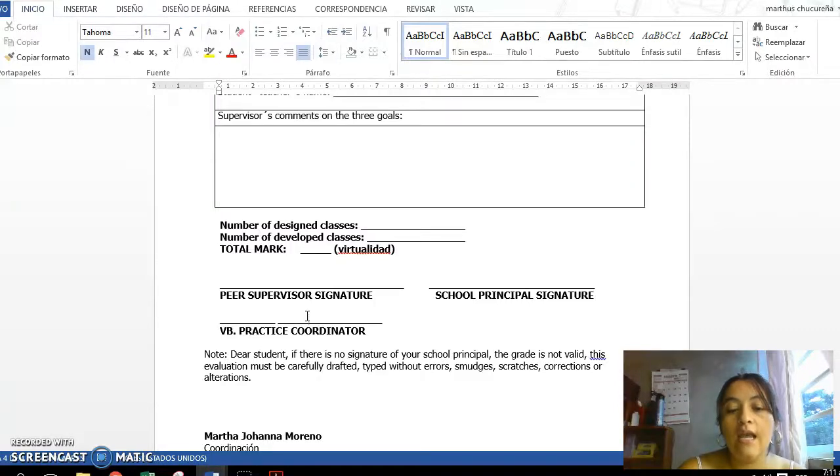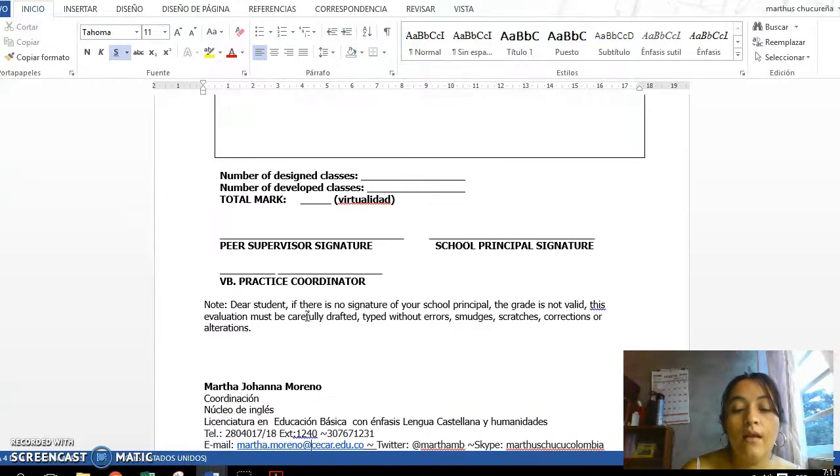If there is no signature of your school principal, the grade is not valid. This evaluation must be carefully drafted, typed without errors, smudges, scratches, corrections, or alterations. Yes, my signature is going to be when I finish.